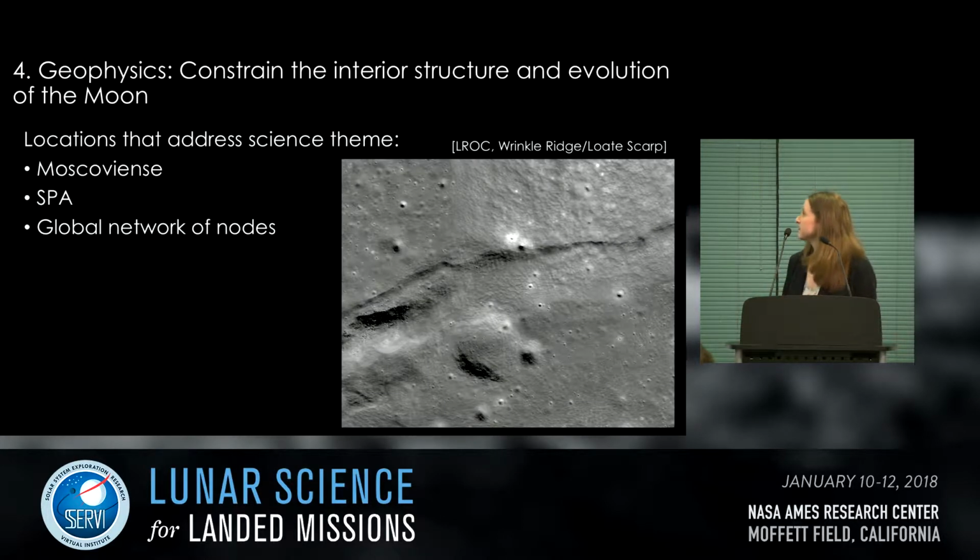The fourth theme was for geophysics, to constrain the interior structure and evolution of the moon. So we found that we needed to visit some large impact basins such as South Pole Lake and Basin. And we heard from the geophysics community that it was very important to have a global network of nodes, both on the near side and far side of the moon, to answer the questions about the structure of the lunar interior.